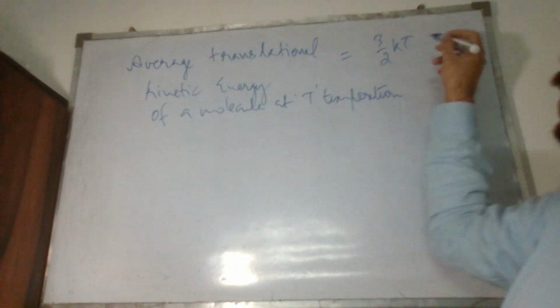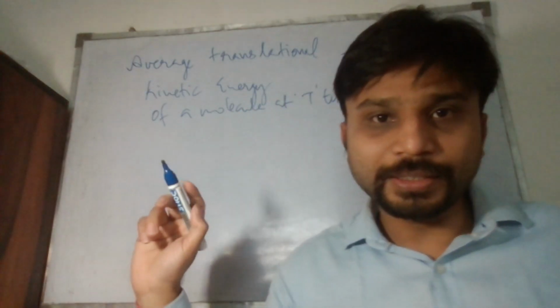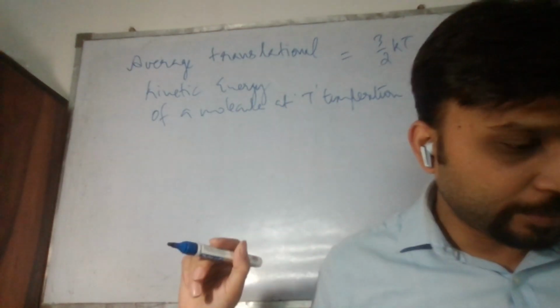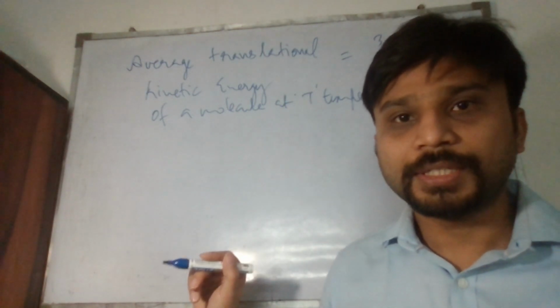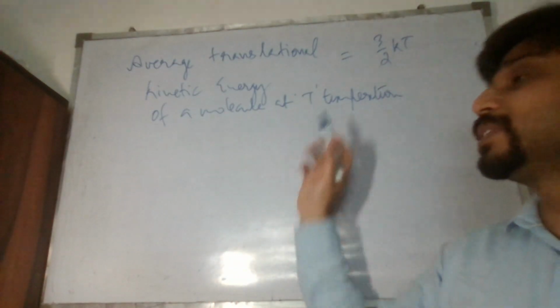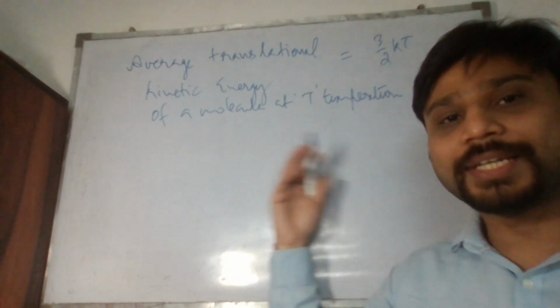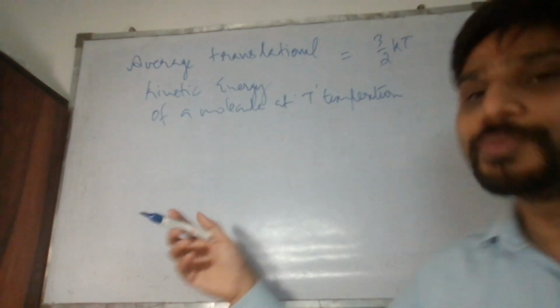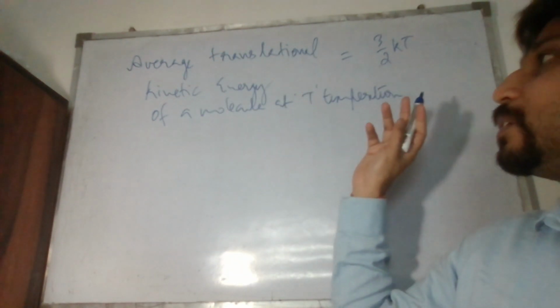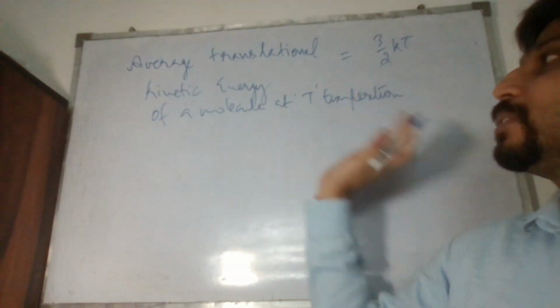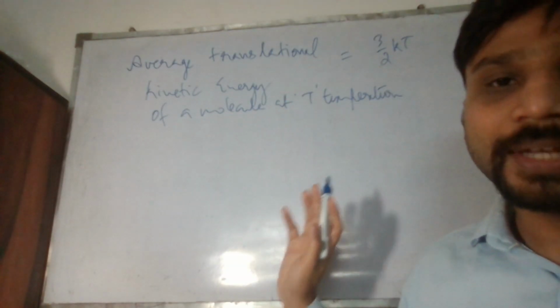So here we know that this is for one single molecule. Now, since a monatomic molecule only has translational kinetic energy, this becomes the total kinetic energy of a monatomic molecule as well.